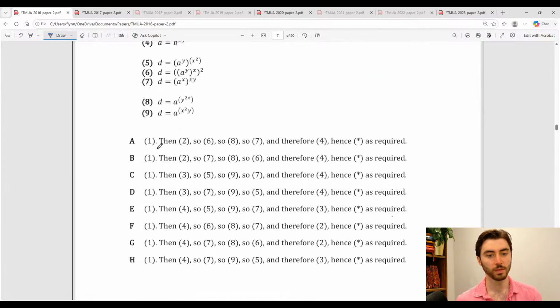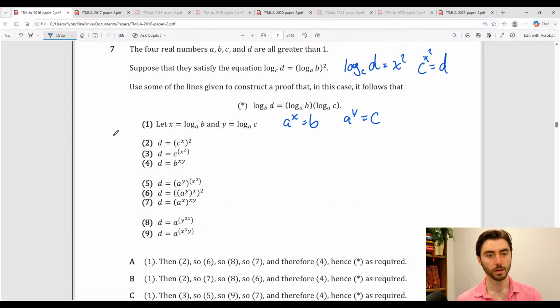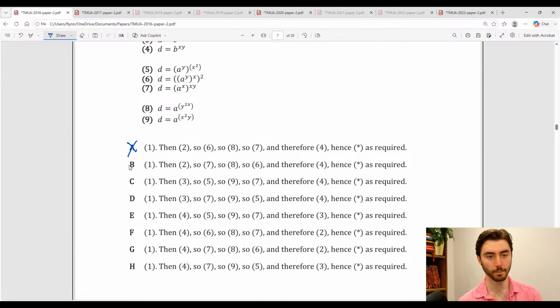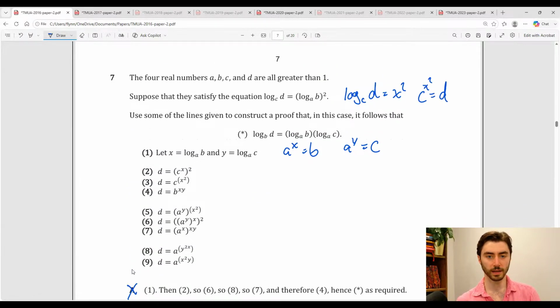So it's going to be 1 then 3, I think. Okay, so let's do that. So d is equal to c to the x squared.